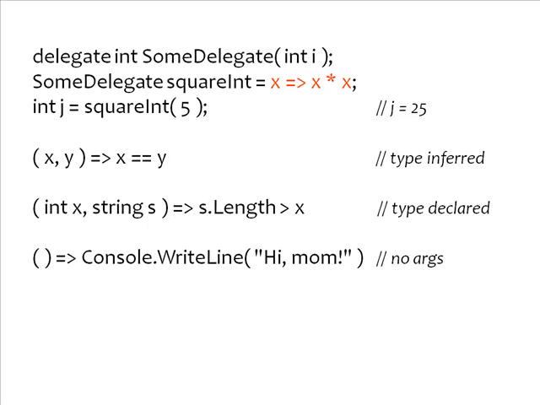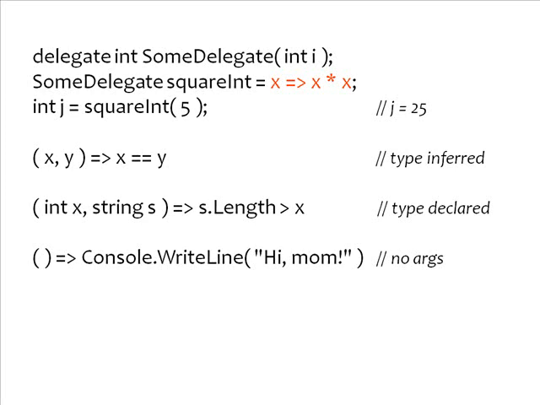So in our top line here, I'm declaring that I'm going to have some kind of delegate. I call it SomeDelegate. And again, we're just declaring the shape, the signature, of a function. So SomeDelegate is a function that takes an int and returns an int. Now let's actually create just such a function. We'll call it squareInt.